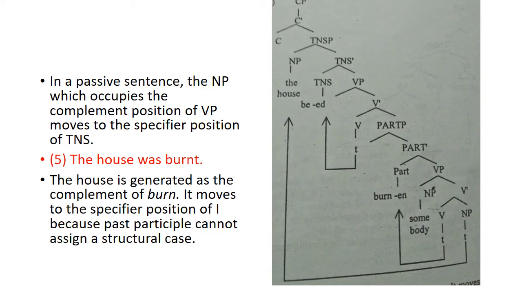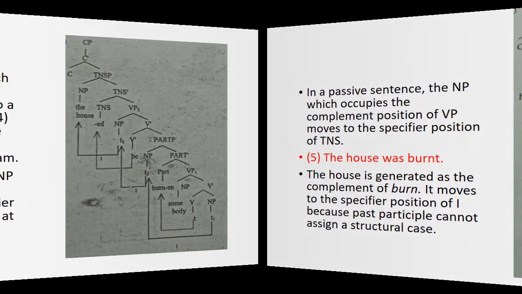It moves to the specifier position of I because the past participle cannot assign a structural case. Bisa dilihat pada diagram nomor 5, the house was burned. Salah satu noun phrase yang merupakan komplemen dari sebuah verb phrase.